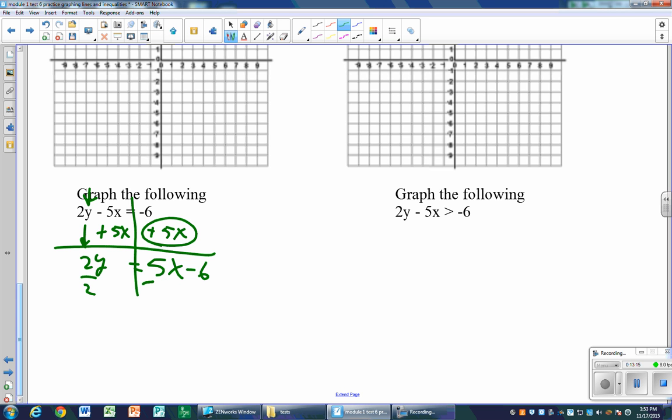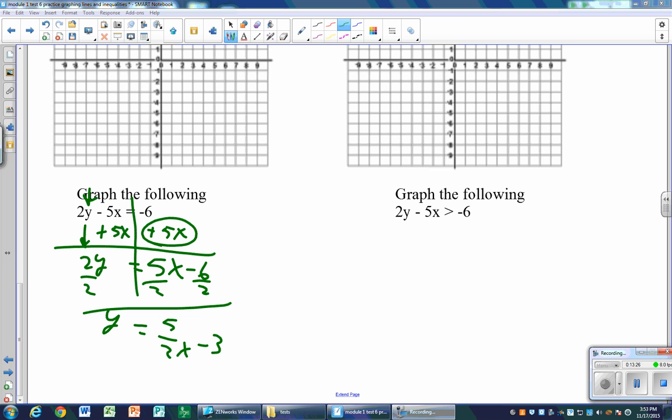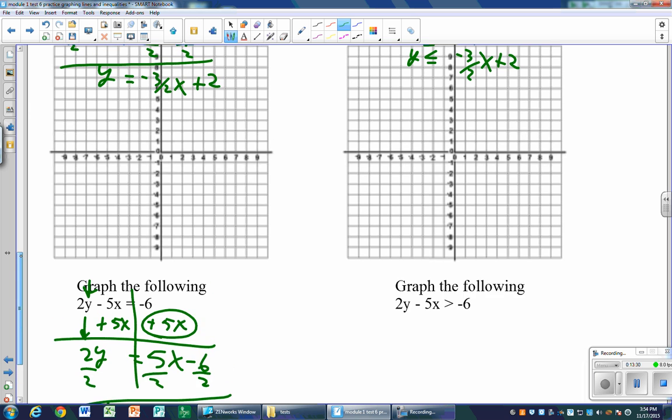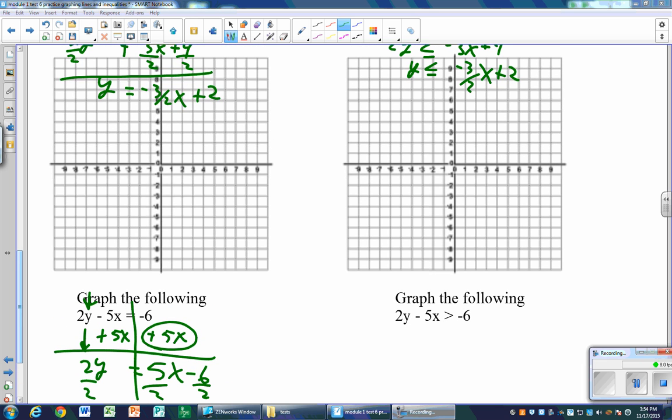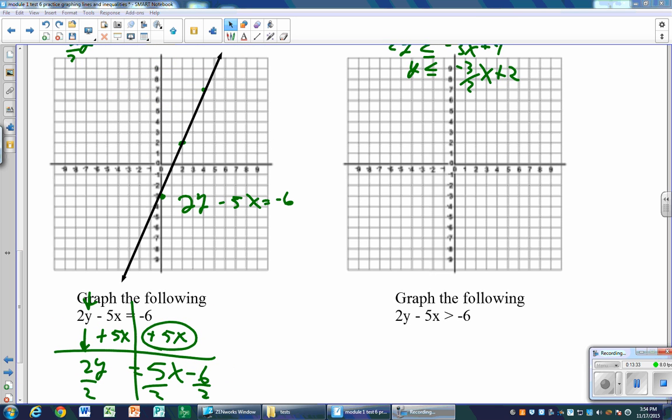Now we divide everything by 2. Y equals 5 halves x minus 3. So we start at negative 3 and we do a slope of 5 halves. And we label it with the equation of the line, the original problem.